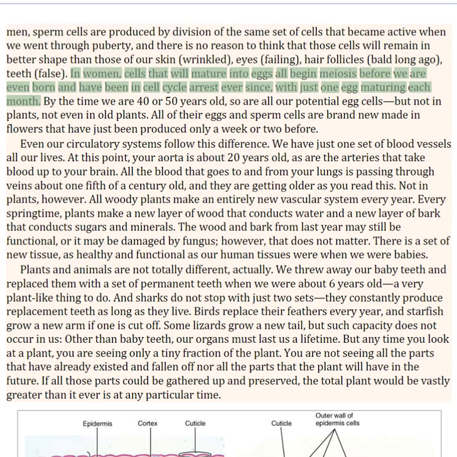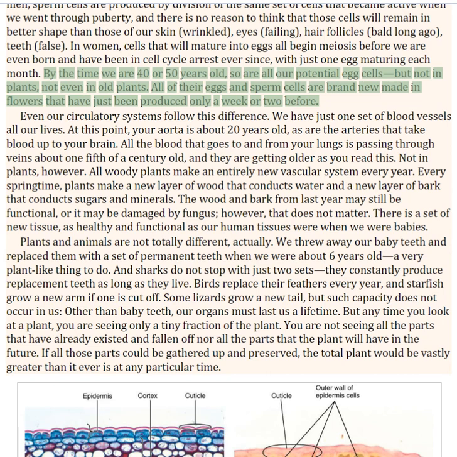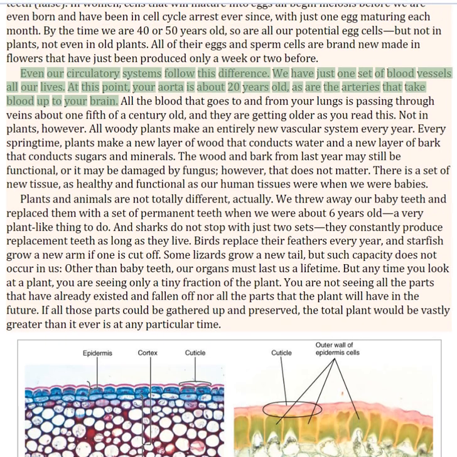In women, cells that will mature into eggs all begin meiosis before we are even born and have been in cell cycle arrest ever since, with just 1 egg maturing each month. By the time we are 40 or 50 years old, so are all our potential egg cells, but not in plants, not even in old plants. All of their eggs and sperm cells are brand new, made in flowers that have just been produced only a week or 2 before. Even our circulatory systems follow this difference.